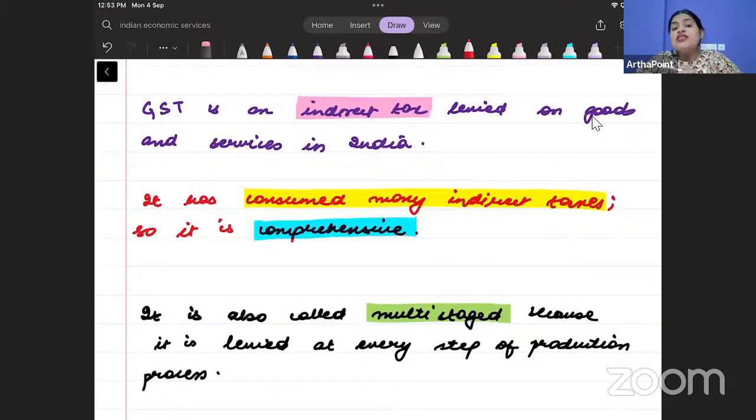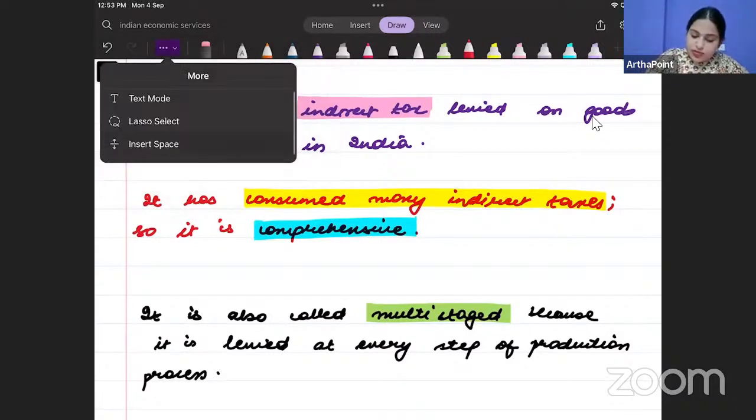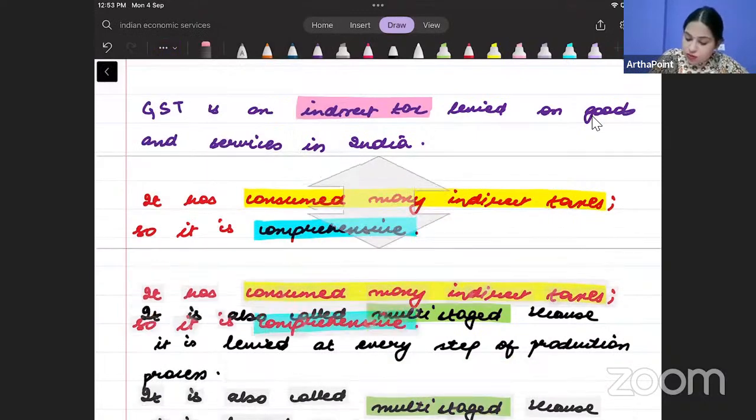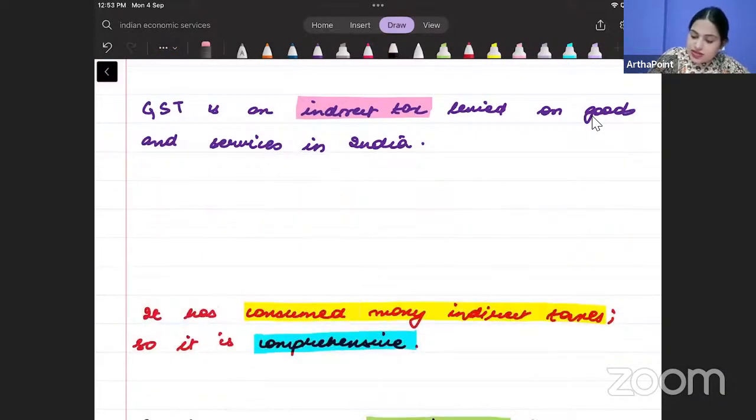This says GST is an indirect tax levied on goods and service in India. I want to explain this point a bit. So when we talk about taxes, बेटा दो तरीके के टैक्स हो सकते हैं. One is called direct tax.